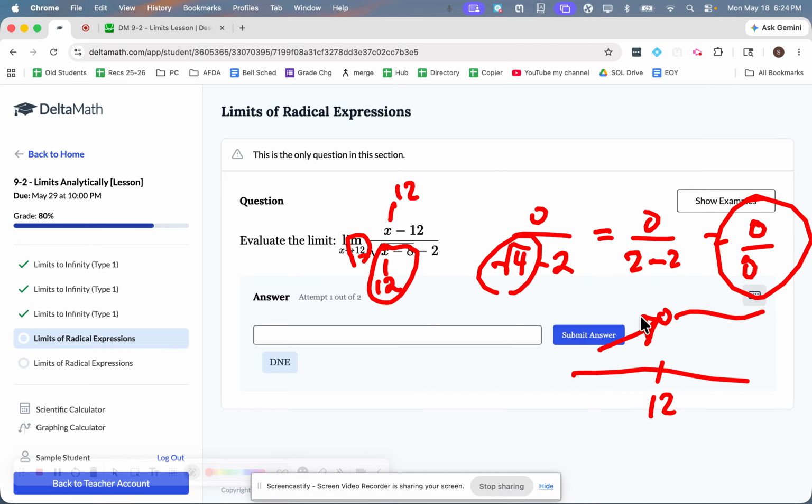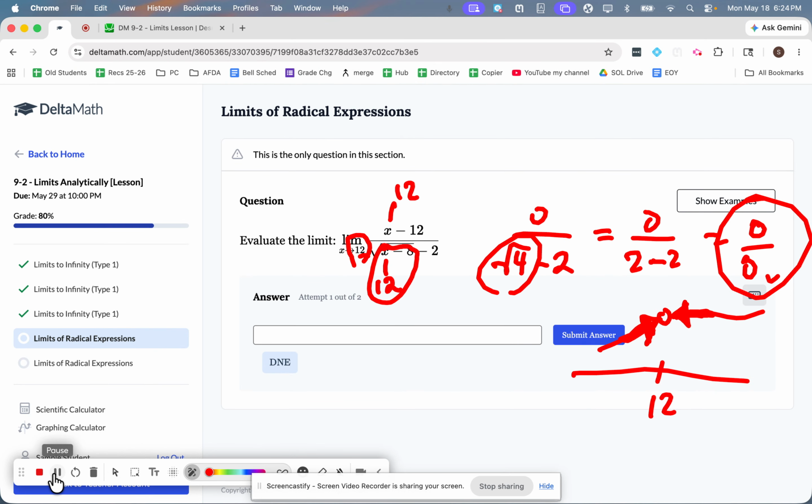There can definitely be a limit, because if it's going toward that hole from both ends, there definitely is a limit. This doesn't really help you much. You've got to use some fancy math tricks to get at the value that it's headed toward.